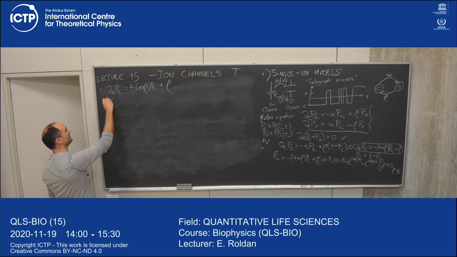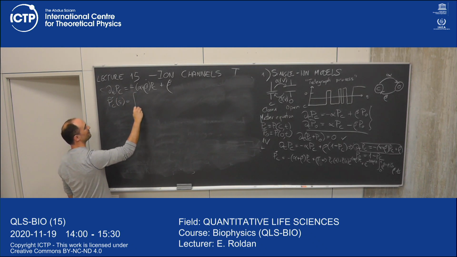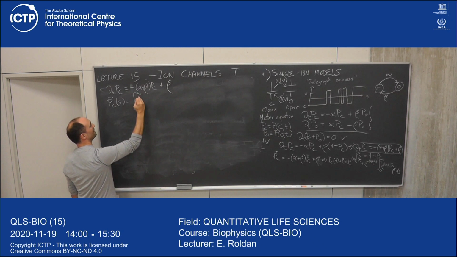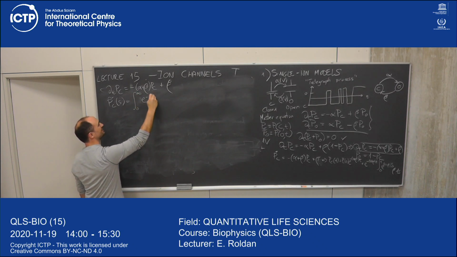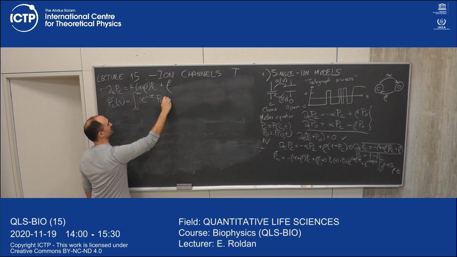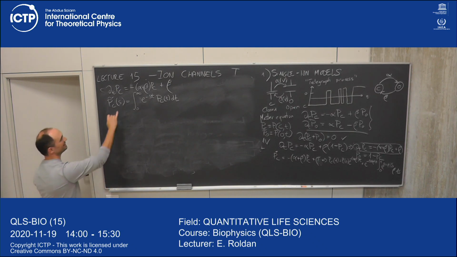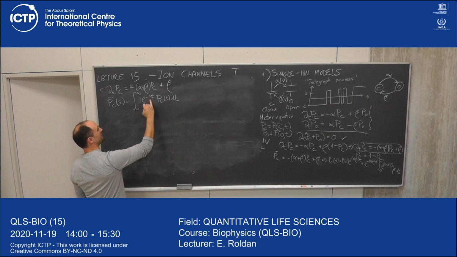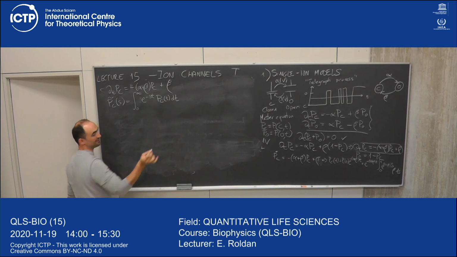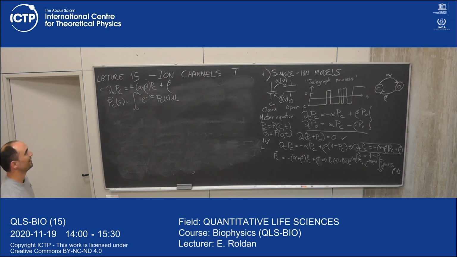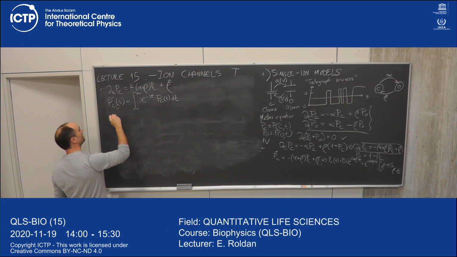Pc(s) is defined as the integral from 0 to infinity of e to the minus st times Pc(t) dt. I'm integrating the function on t, and I have e to the minus st, so s appears as a free parameter now. You can also call this the Laplace Transform of Pc(t).